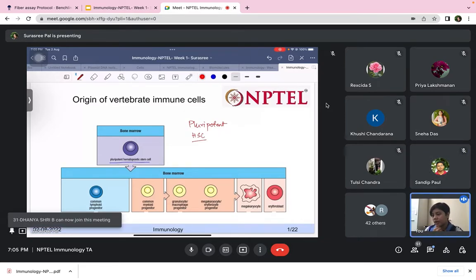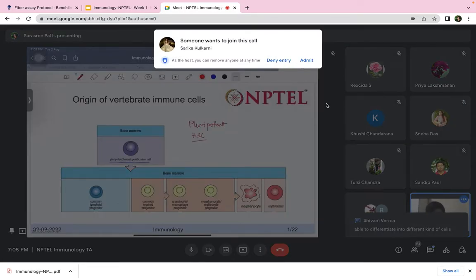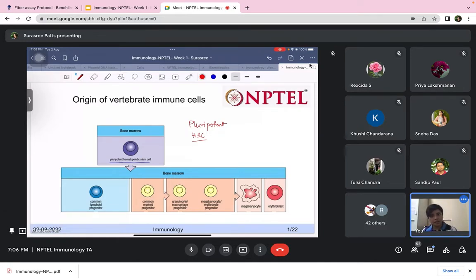You are quite right in this case. Pluripotency refers to the fact that one particular type of cell is able to differentiate into different kinds of cells. Shayan also, you're right. Shivam also, you're right. So pluripotency basically means that this particular type of cell can differentiate and form different types of cells from one particular cell type. And this hematopoietic stem cell is the mother cell of all immune cells.